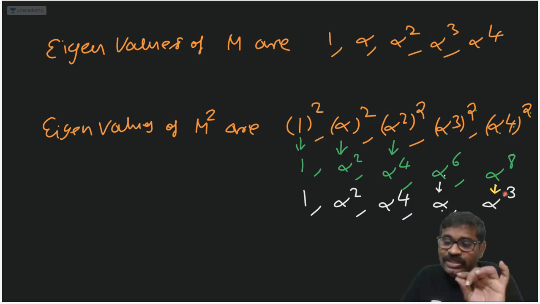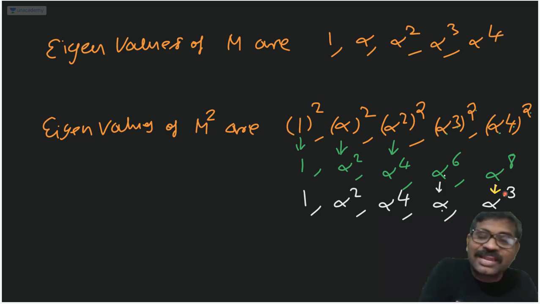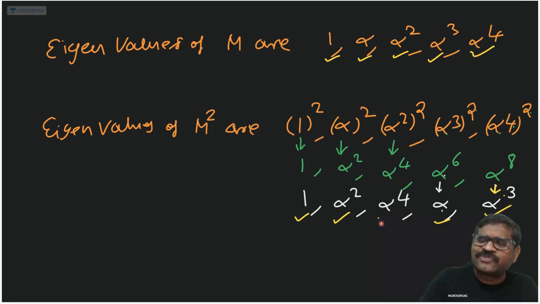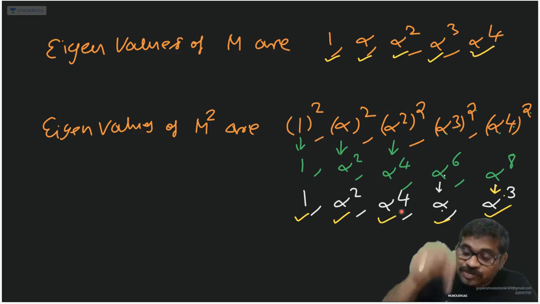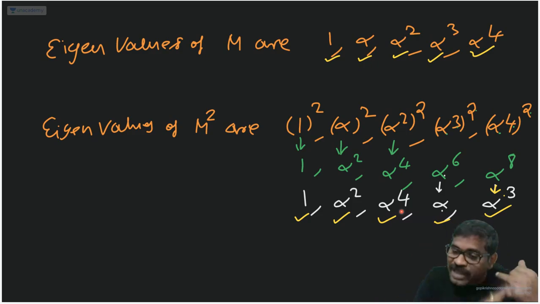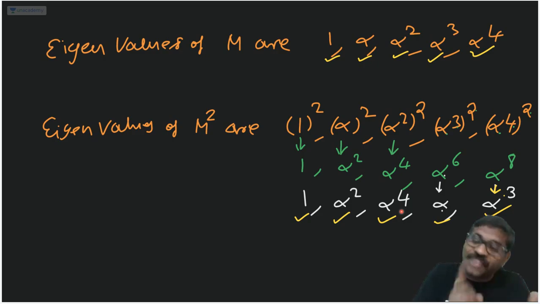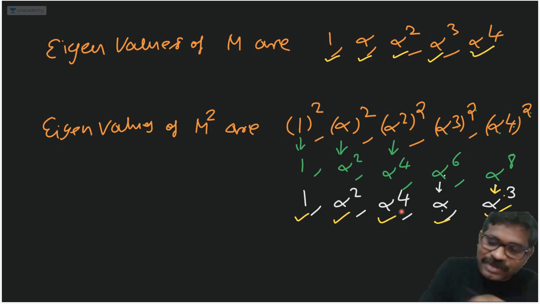So now the conclusion: the eigenvalues of M are 1, alpha, alpha square, alpha cube, alpha power 4. Here also you have 1, alpha, alpha square, alpha cube, alpha power 4. In this problem, the eigenvalues of M and the eigenvalues of M square are both equal. So trace of M and trace of M square are equal.